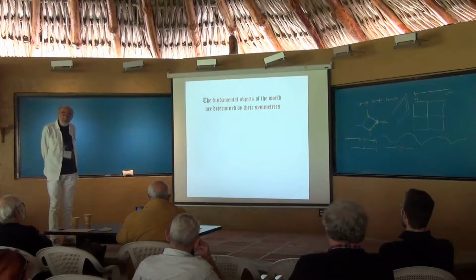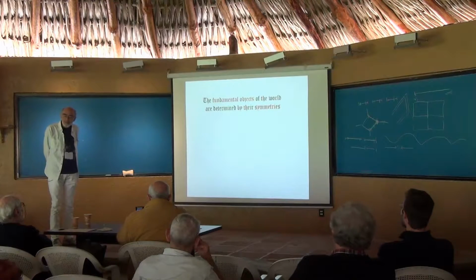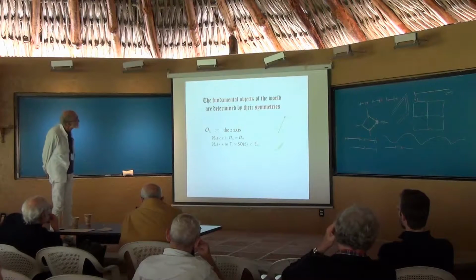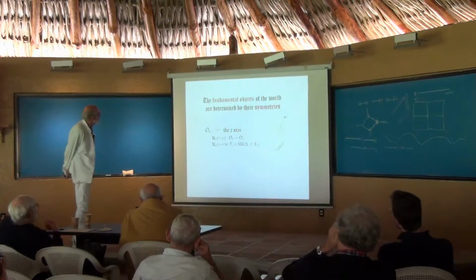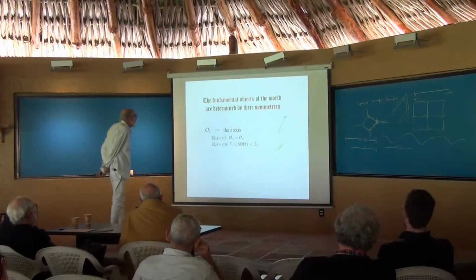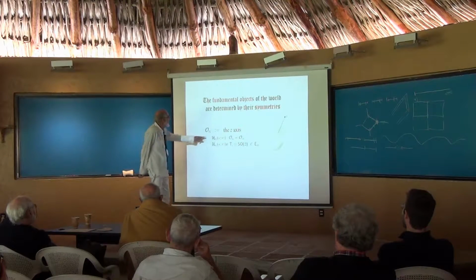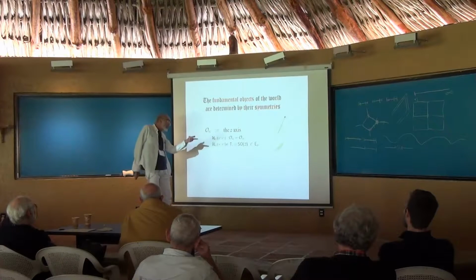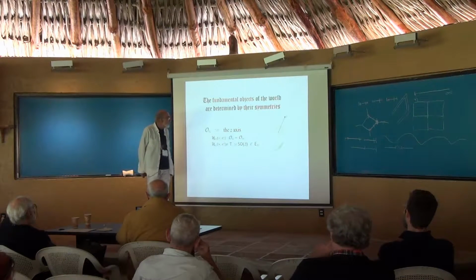And there we have some fundamental objects, which are determined by their symmetries. Can you see it? Yeah. Well, if the symmetry group is translations along a line and rotations around that line, what you have is a line, right?